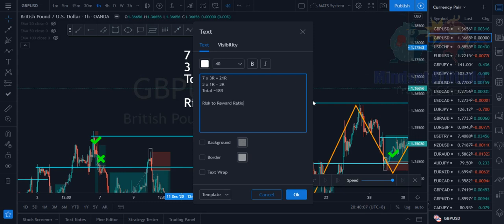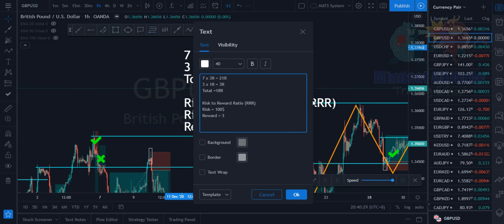It's a very common term that traders love to use. Some traders will put RRR, so whichever you want. If my risk of one R is equivalent to $100, my reward back is actually $300.